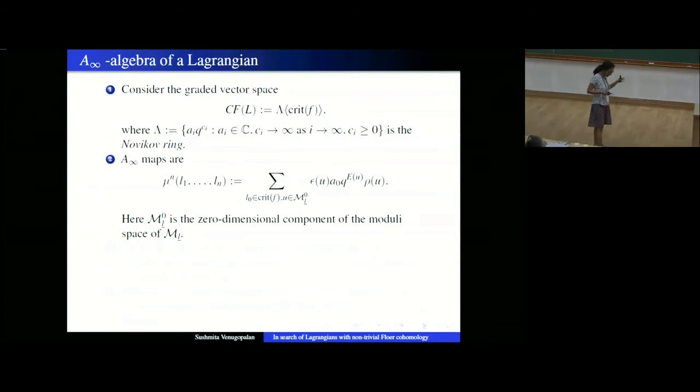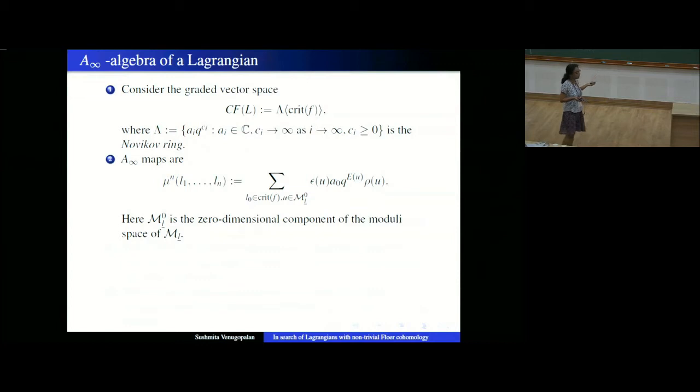So recall that an A infinity algebra consists of a graded vector space and these composition maps, so n-ary composition maps for all n. So that's the data I'm required to give you. So the graded vector space, I say, is just generated by the critical points, and the grading comes from the indices.